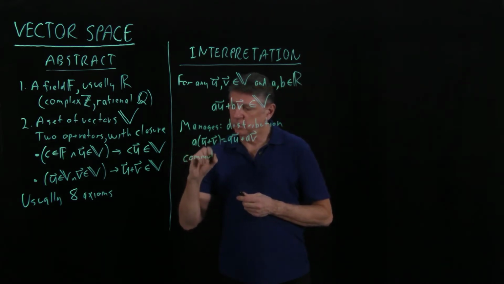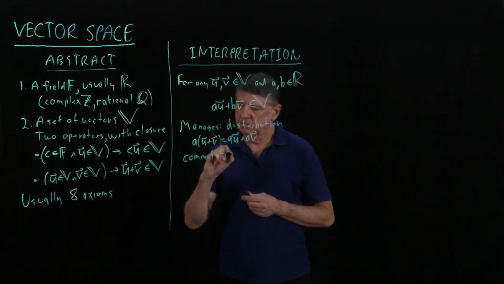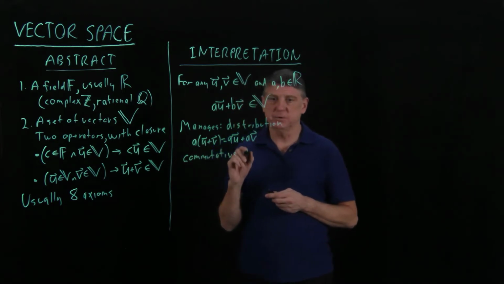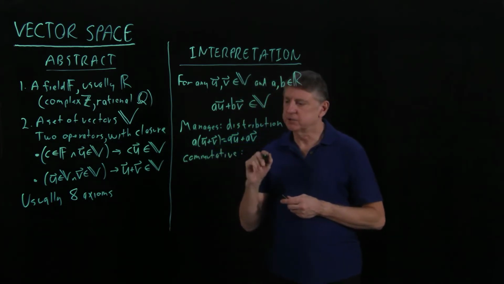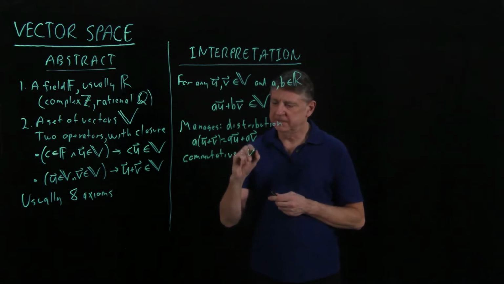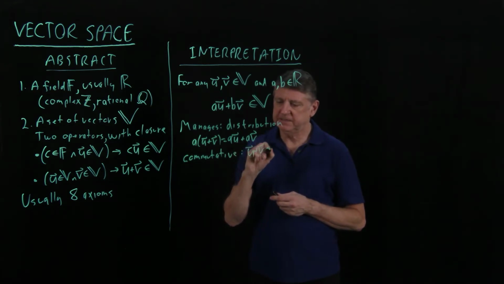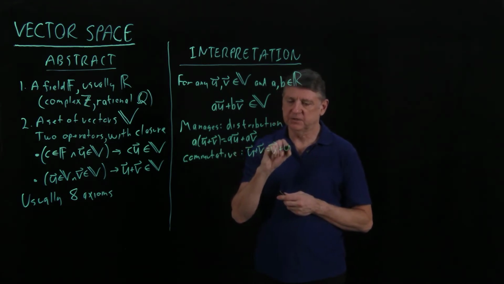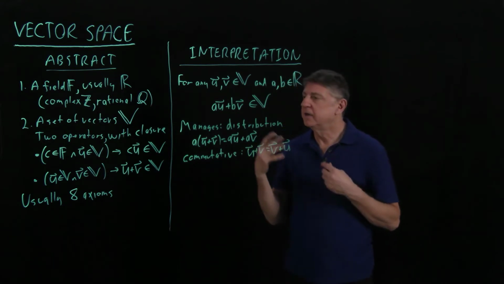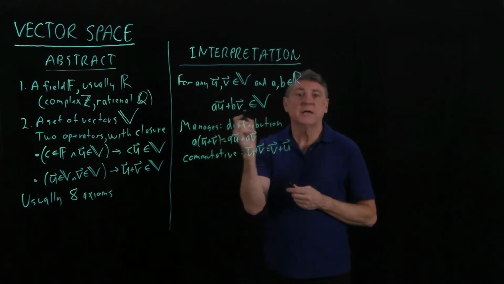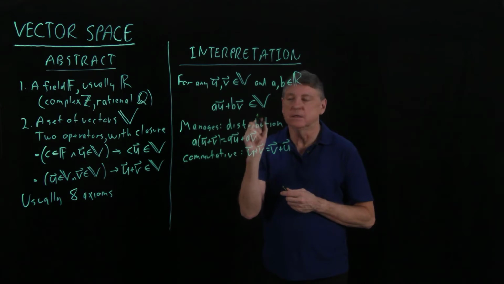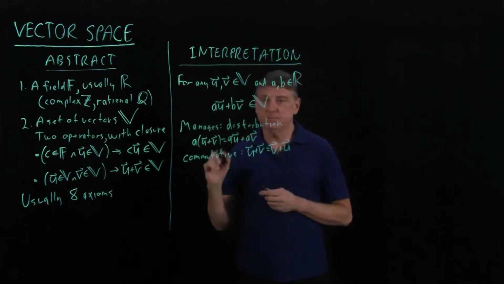So we naturally will realize that it'll handle commutative, and so that would be, for example, that u plus v equals v plus u, and so on. And this rule will capture everything that we need. So this is important.